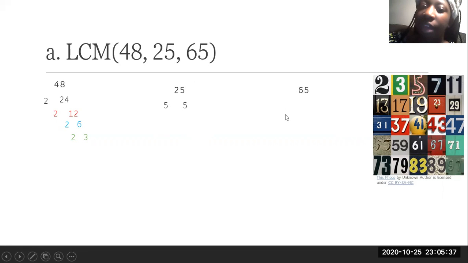Now 65. How many times can 2 go into 65? None. How many times can 3 go into 65? None. But 5 can go into 65 13 times. And if you look on our chart, 13 is also another prime number. So then we stop. Now, for this problem, you have 4 2s, 1 3, and 3 5s, and 1 13.